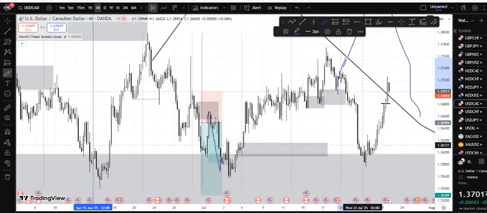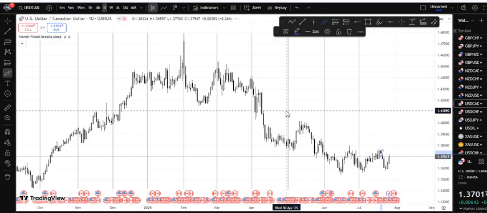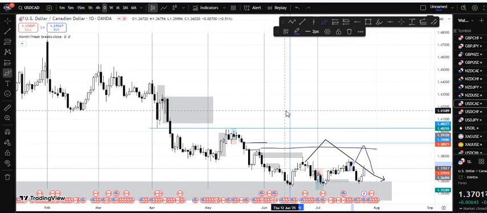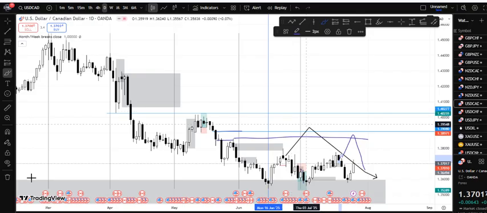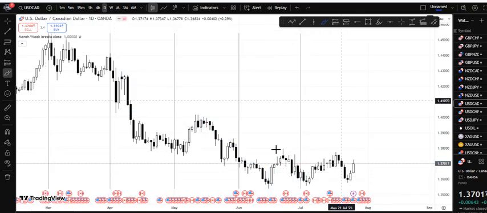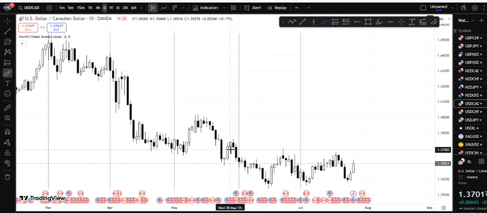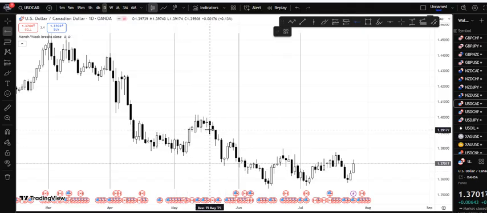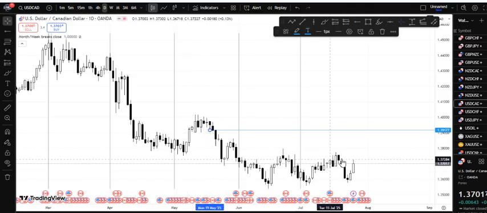Because it was a volatile one, but now I'm convinced price should go higher. So let's take all this out. If we can look at it, we don't have anything up until this point, so I expect price to hit as high as this. So we're looking at a 200 pip movement from current price.